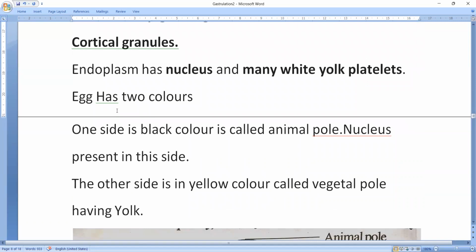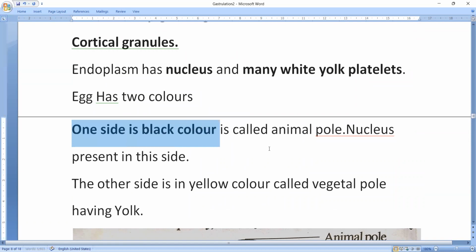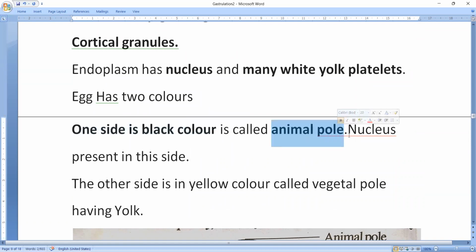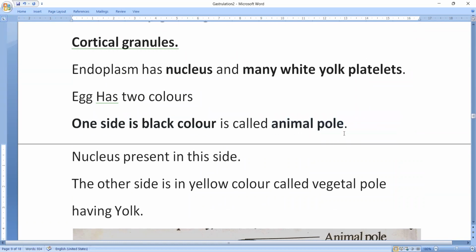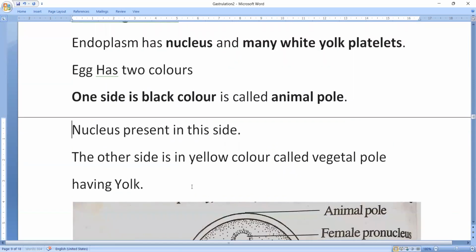The frog egg has two colors. One side is black color. So that area will become animal pole. Nucleus is present on this side. The other side is in yellow color.